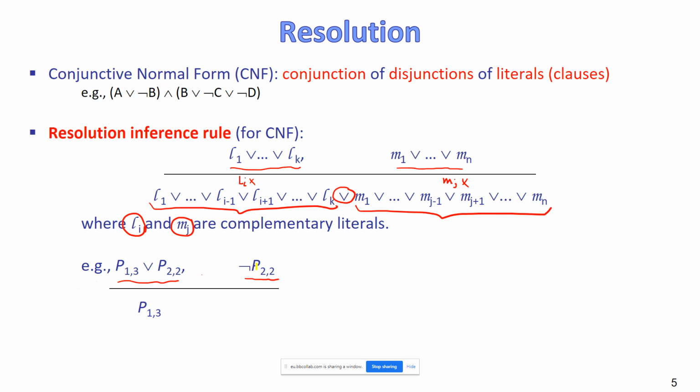Of course, here we can identify the complementary variable, which is P22. So we have P22 here, we have not P22 here, so we can cancel them and we can get out of them P13.